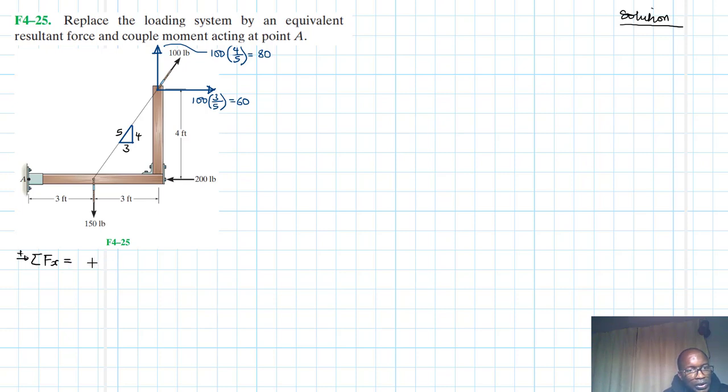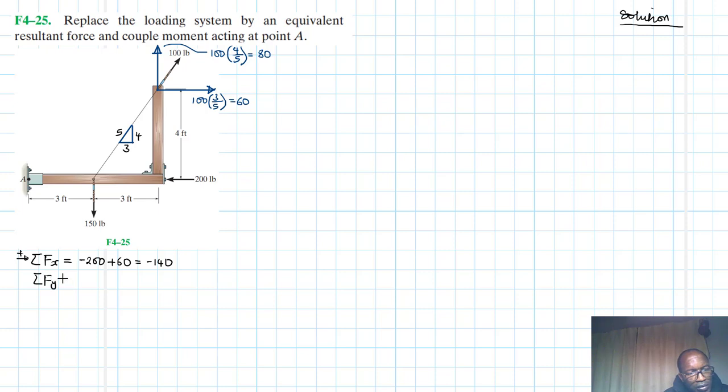This is going to be equal to minus 200 plus 60. So this gives us a minus 140.